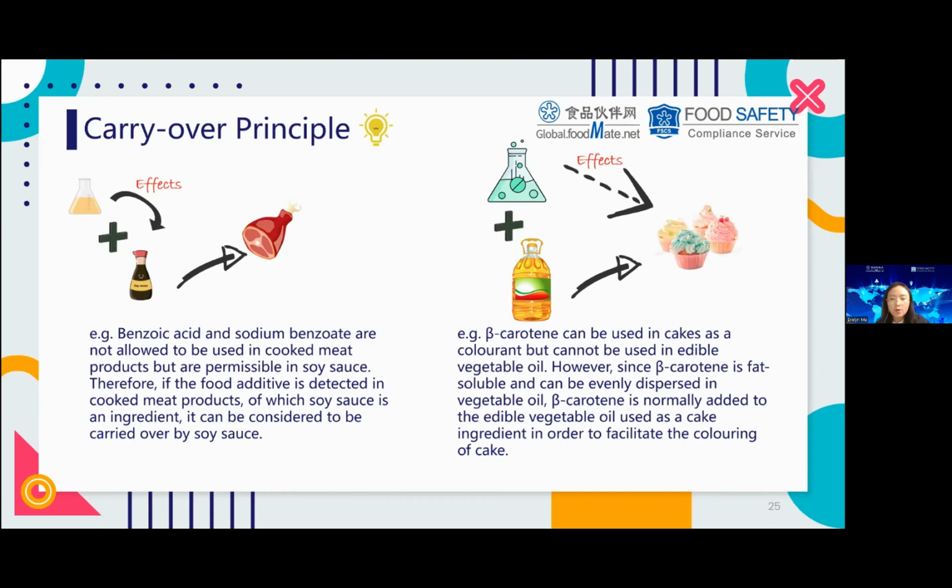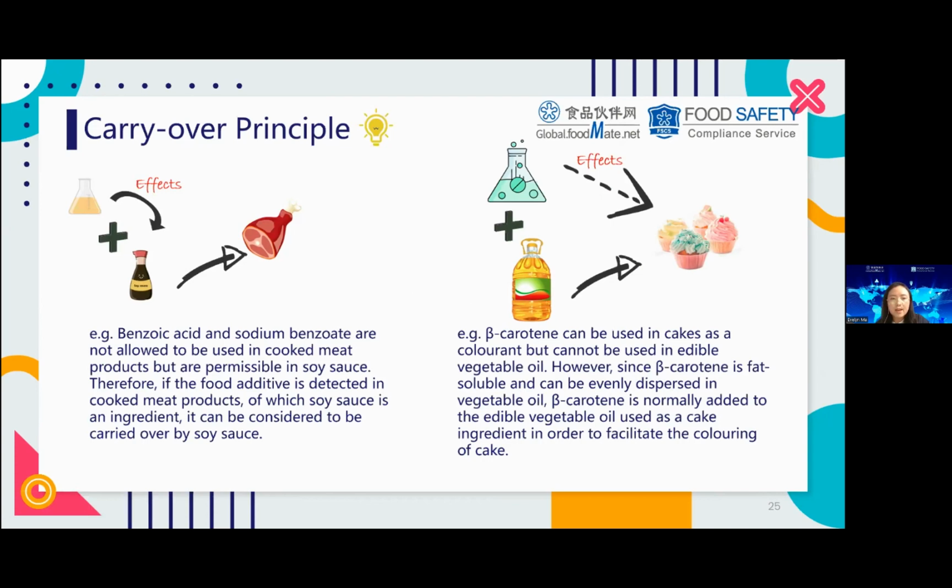Fortunately, our company has a database of all food additives. It's very convenient to inquire about food additives, and I will display the database later, and there's no charge for this database.